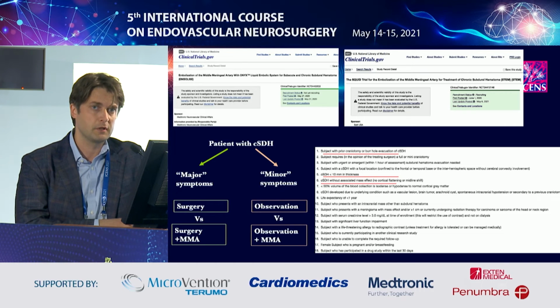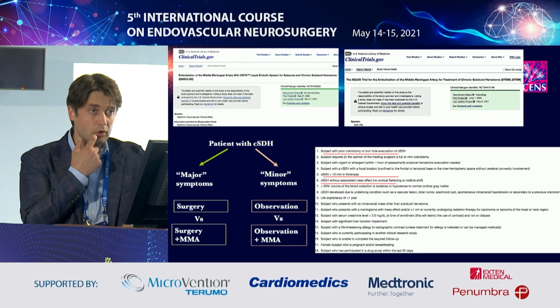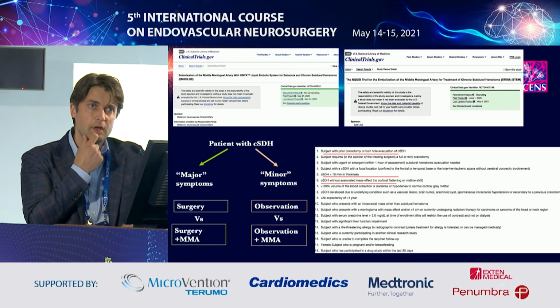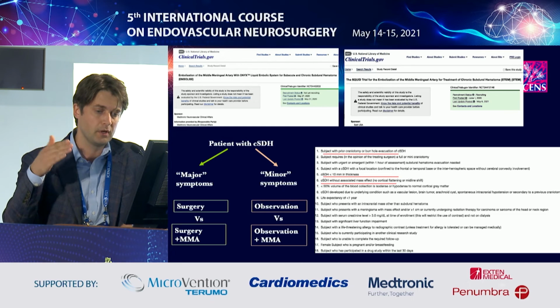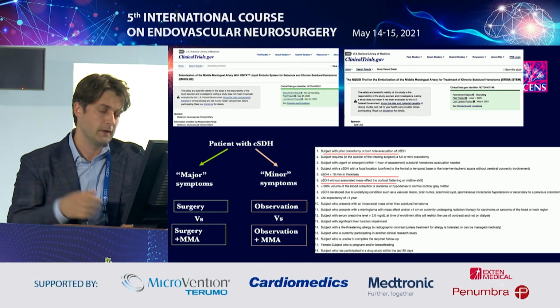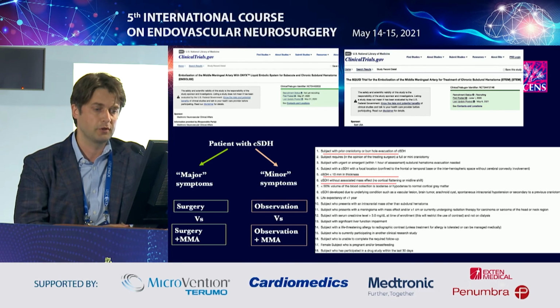As for the Medtronic study, the trial is designed so that we can determine the difference if we need surgery or not in future. And the BOLD trial includes radiological studies.